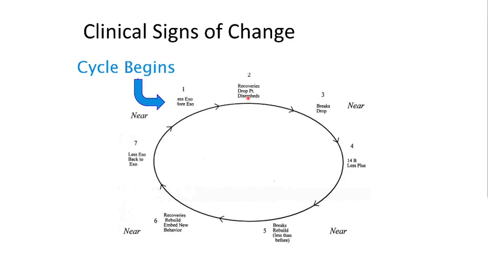What's happening? The patient is disembedding. They're getting ready to allow for a change to occur. So again, at this point, the near phoria is being maintained at less exo or some eso. The recoveries drop. And next, both of the near breaks drop.